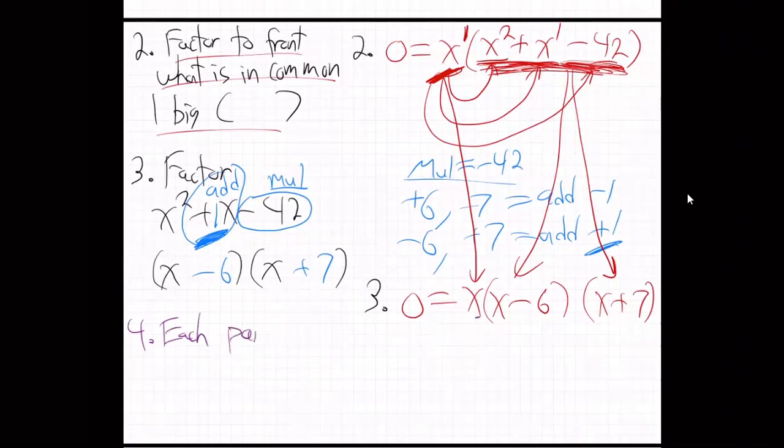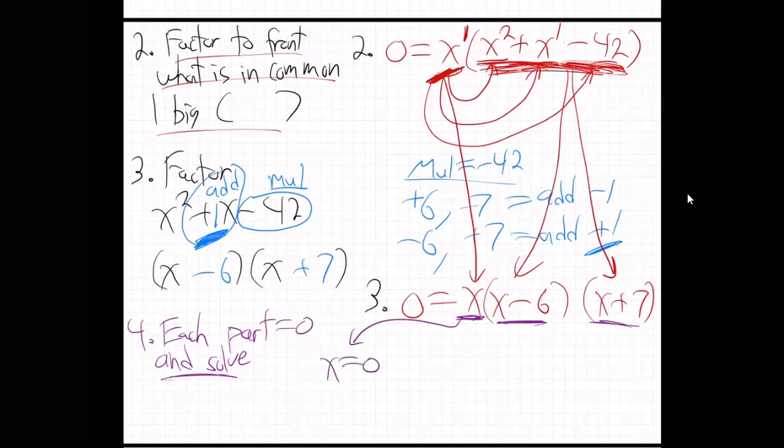Each part equals 0, and solve. You take each part. Why? Because there are a bunch of things multiplied together. X times x minus 6 times x plus 7. They're all multiplying. If I'm multiplying a bunch of things and any one of them becomes 0, then they're all going to multiply to be 0, right? You multiply a bunch of things and one of the numbers is 0, the whole thing's 0.